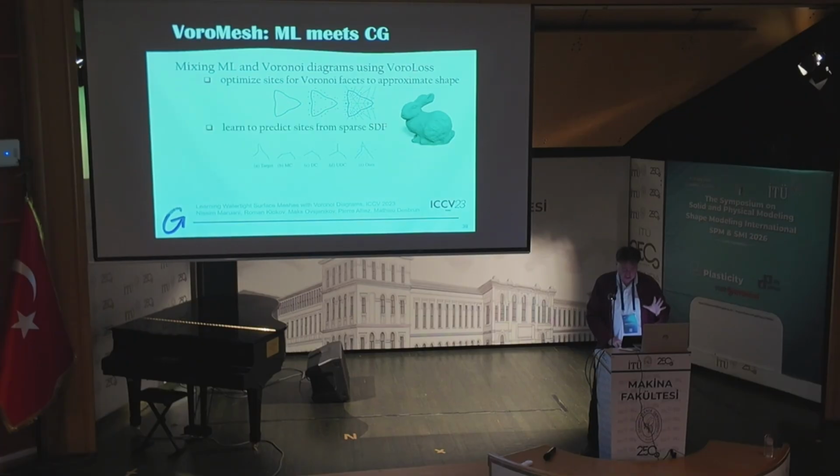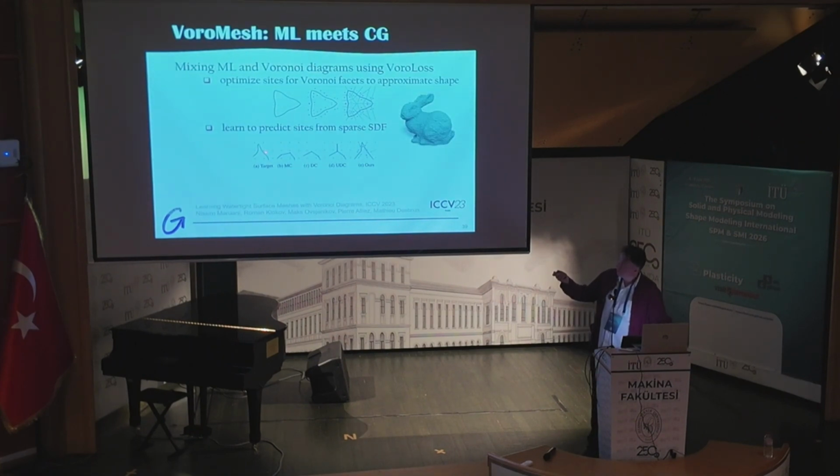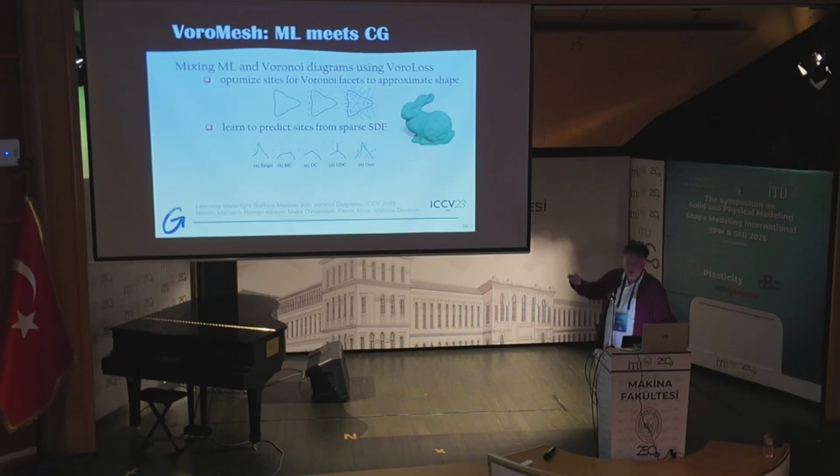And once this technology is in place, what you can do is start learning from lots of sites how to directly go from the nodes on a regular grid close to your surface to where these Voronoi sites should go so that your shape is best approximated. So you learn this process instead of doing the minimization all the time for any new shape.